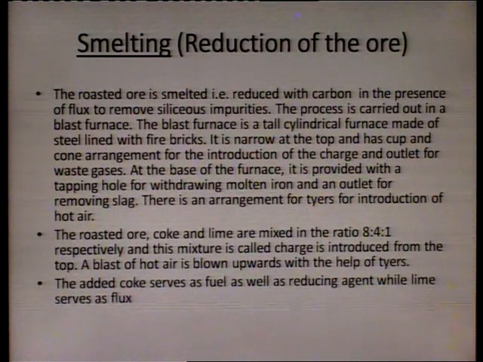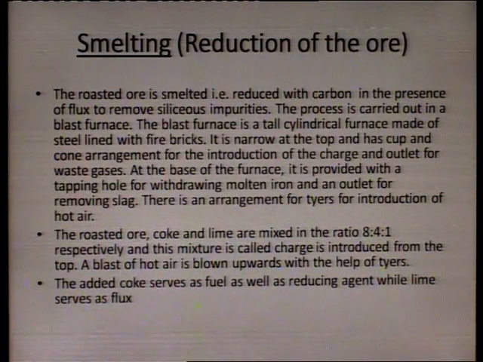A blast of hot air is blown upwards with the help of tuyeres which are present at the base of the blast furnace. The coke which is put at the top of the furnace in the charge will serve as fuel as well as the reducing agent, while the lime which is put into the charge will serve as a flux.